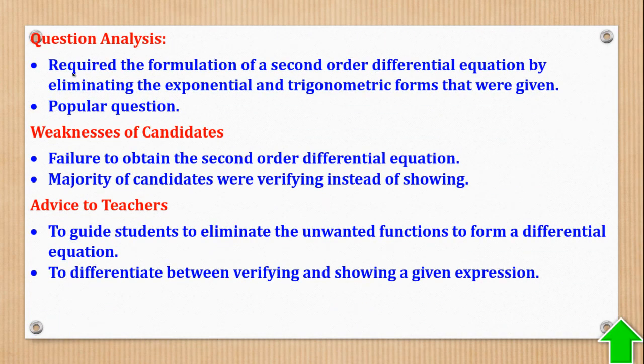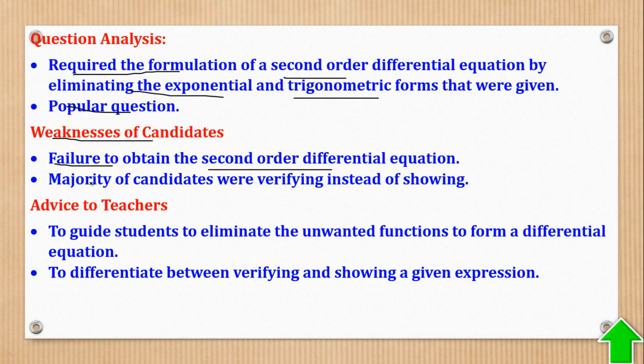Question analysis: the question required the formulation of a second order differential equation by eliminating the exponential and trigonometric forms that were given. Popular question, but still there were some weaknesses. One was failure to obtain the second order differential equation.